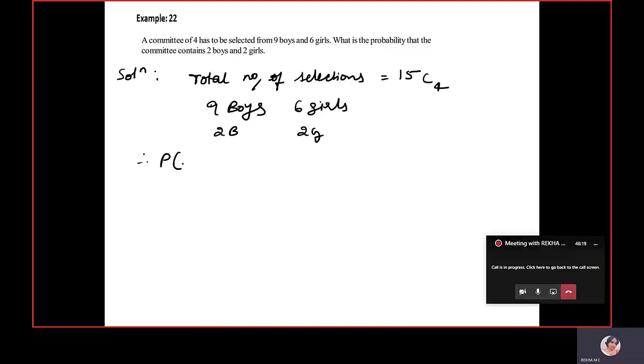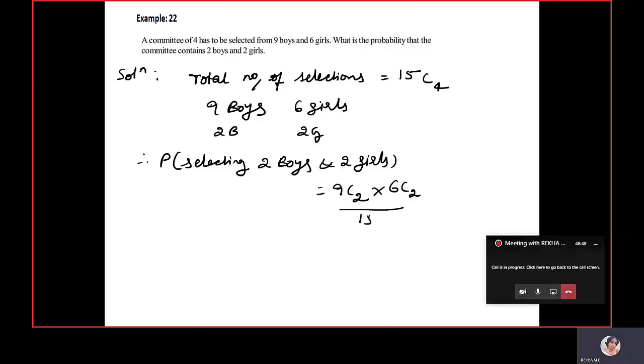So therefore the probability of selecting 2 boys and 2 girls is equal to, so the number of selections will be 9C2 into out of 6, 2. So it is 6C2. So 9C2 into 6C2 divided by the total 15C4.